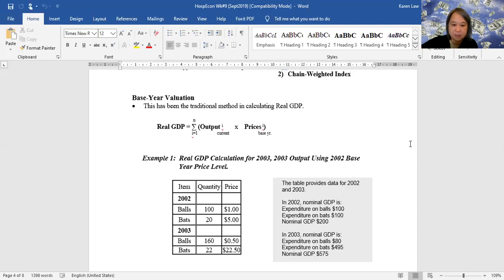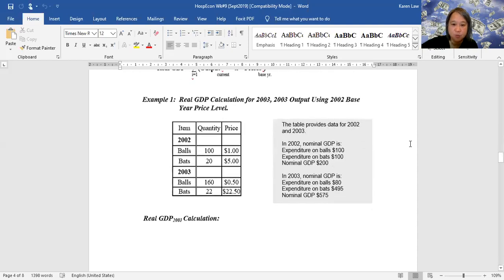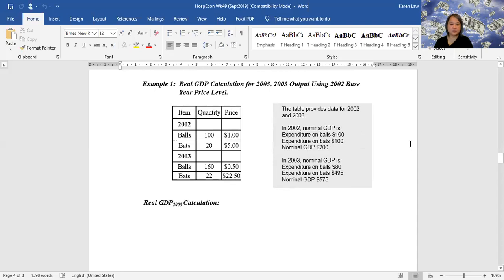So I have an example here that we can work out. Hopefully it will make a little bit more sense. I'm asking you to calculate your real GDP for 2003. And once again, 2002 is our base year.